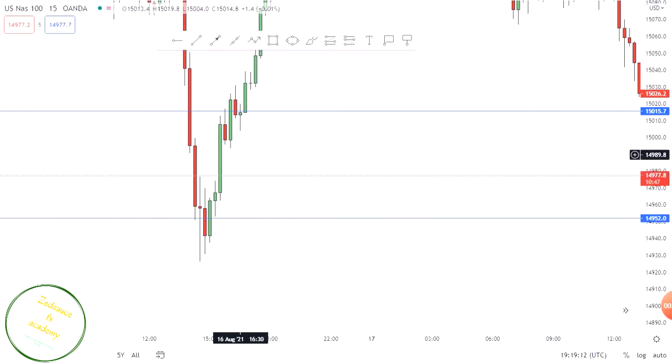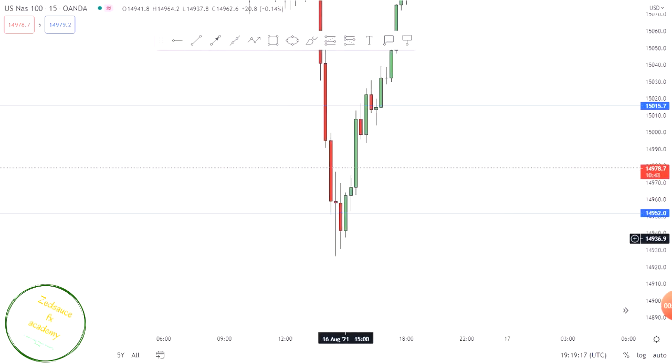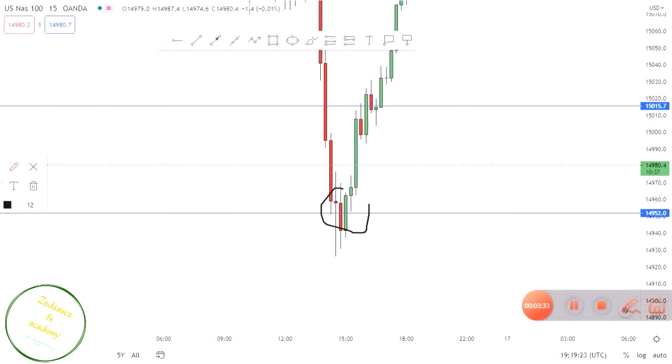The first example that I'll give you is right here. Let me show you. So as you all know, the market moves in the same way. When it makes a higher high, it makes a higher low if it's going in an uptrend.